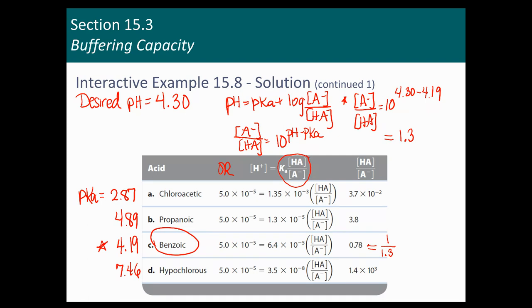I guess before I stop talking, let me just do one more for you so you can see how different. So let's take the top one, which is really far away from our desired pH. If I take this ratio for the 2.87, that would be 10 to the 4.30 minus 2.87.